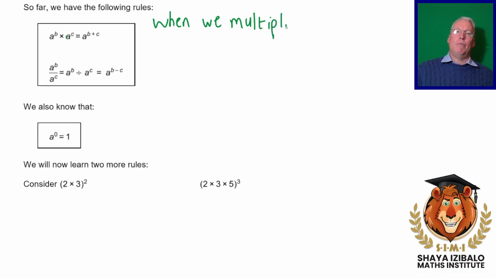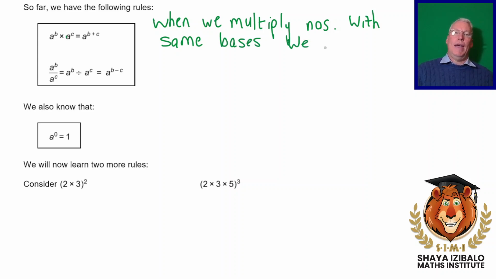When we multiply numbers with the same bases, we add the exponents. Right?